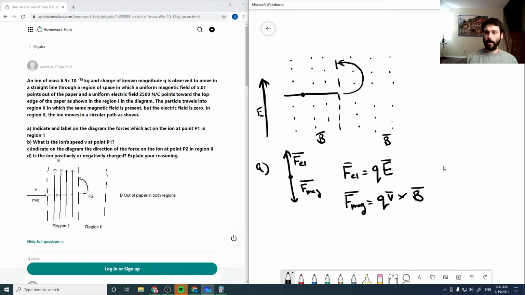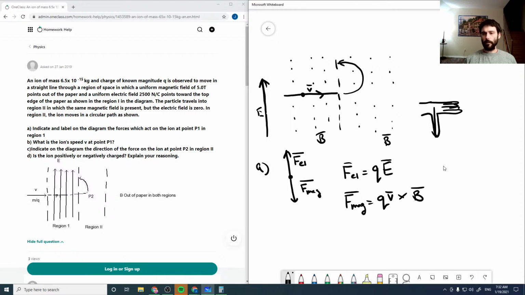And if we use our right-hand rule, so our velocity is this way. So if we point our fingers in the direction of the velocity and our palm in the direction of the B field on our right hand, then our thumb will point in the direction of the force.